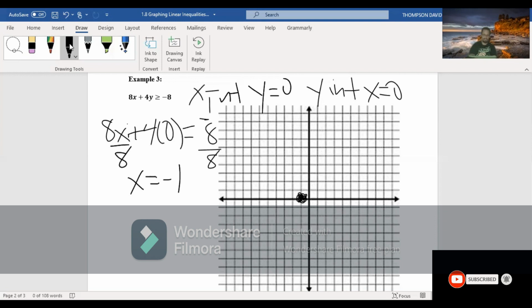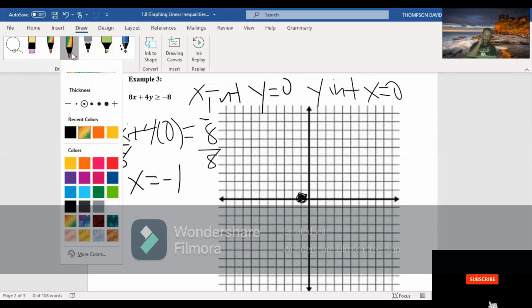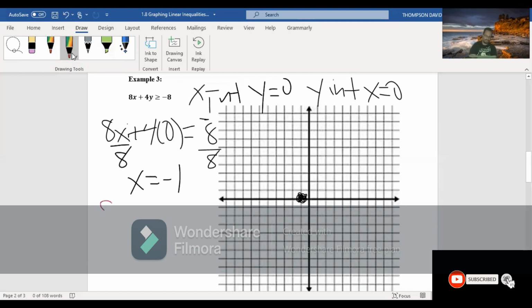Then we do a similar trick with the y. We say 8 times 0 plus 4y equals negative 8. Divide everything by 4, and you get y equals negative 2.